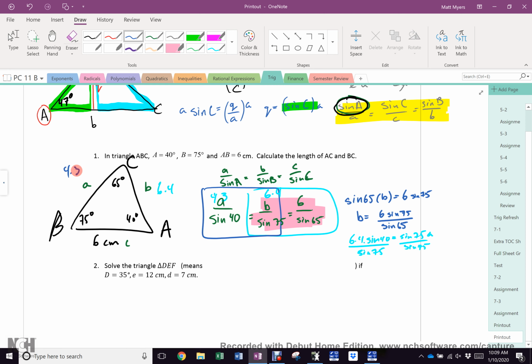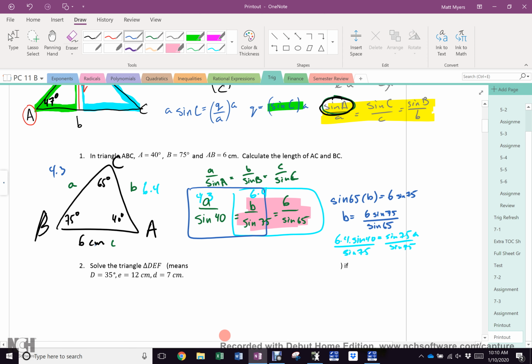Is the smallest side across from the smallest angle? Yes. Is the middle one across from the middle angle? Are 65 and 75 close in angle size? Yes. So their sides should be close in length, shouldn't they? Are they? Is 6 close to 6.4? So are we happy with our work? Yes.